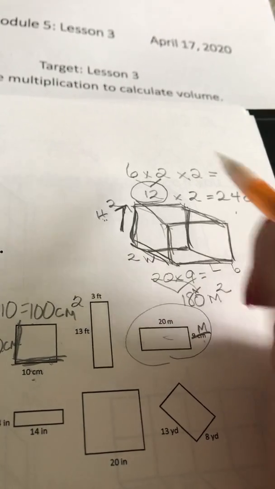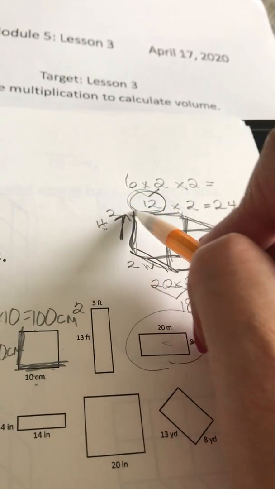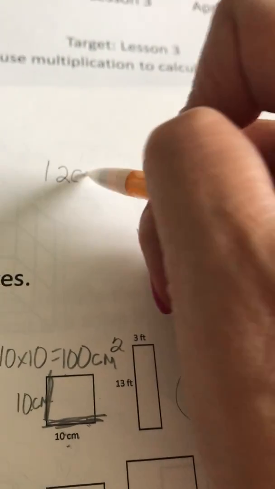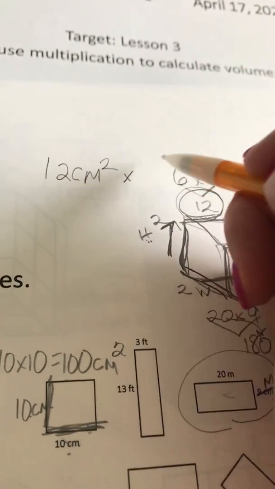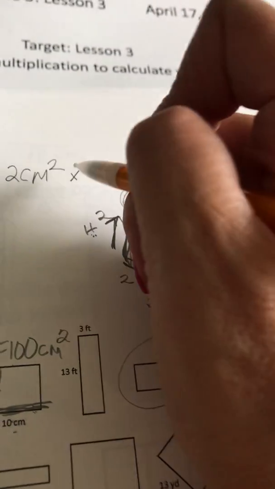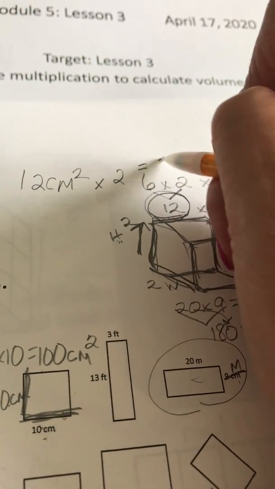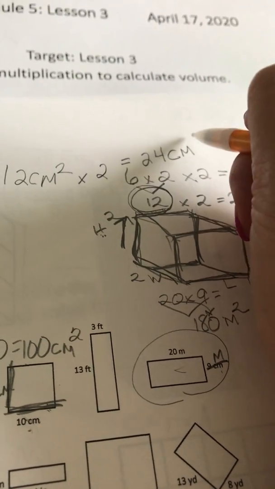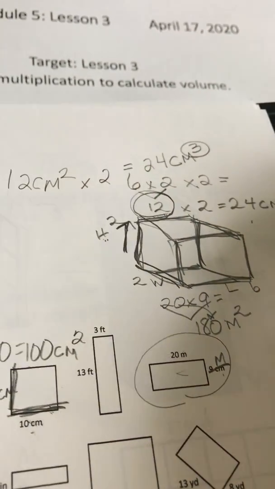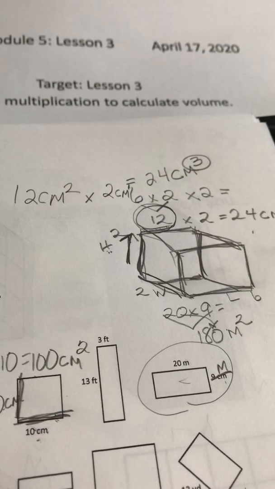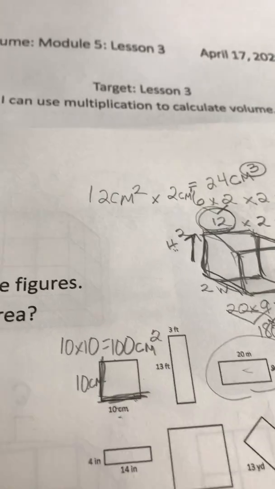So keep in mind, if they ever give you the area, so if you had 12 centimeters squared times 2, you could say that would equal 24 centimeters cubed. Okay? This is centimeters, the little one. All right, let's move on and do some more problems so that you guys could get really good at this.